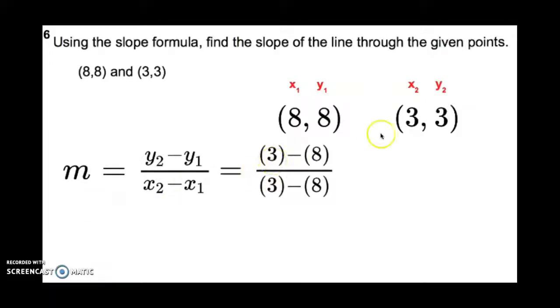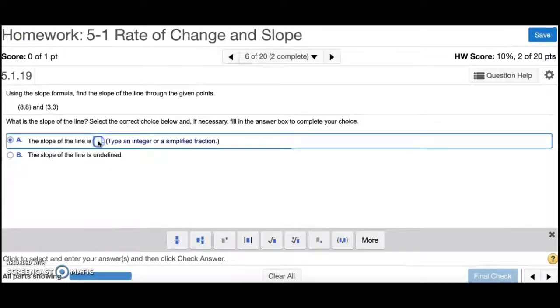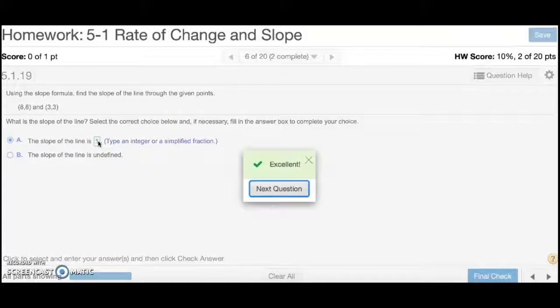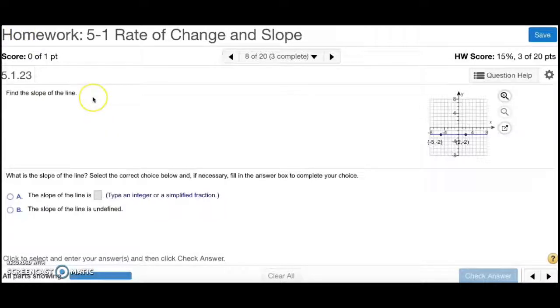So we have 3 minus 8 over 3 minus 8. That gives me negative 5 over negative 5, which is positive 1. So my slope is positive 1. So let's type that in. And that's number 6.